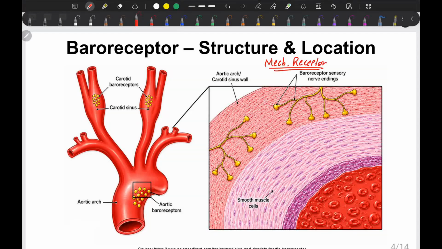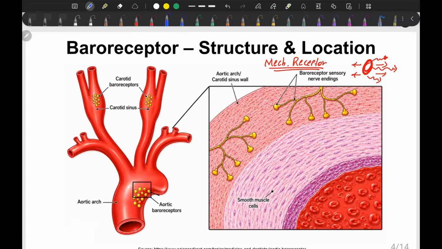What do you mean by mechanoreceptors? It means that as the baroreceptor gets stretched, it will fire. When you stretch them more, the baroreceptor will fire more. How this property is helpful, we'll see in the next slide.